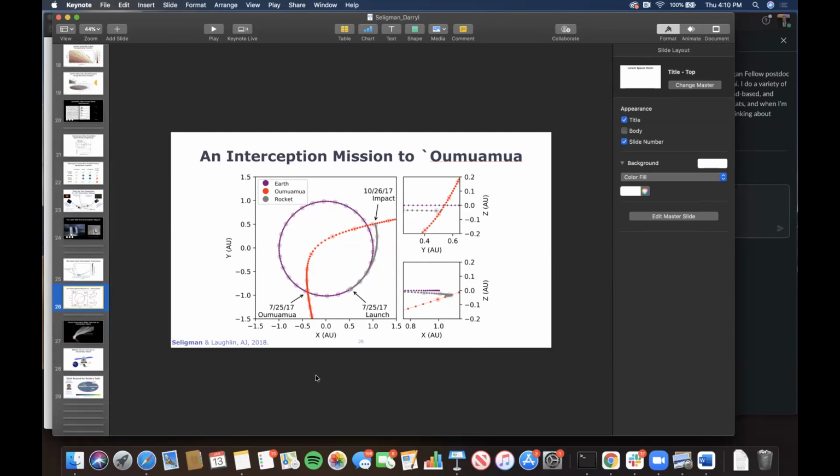So my proposal was to have something sitting at one of the Lagrange points, ready to go, such that when a target gets detected, you could optimize the trajectory within a couple of months.